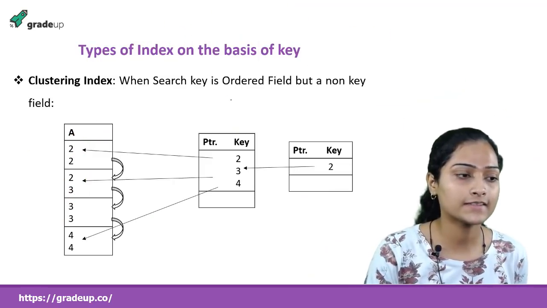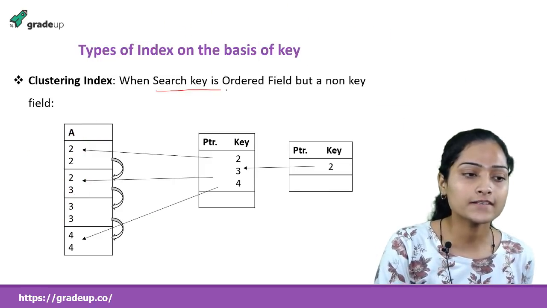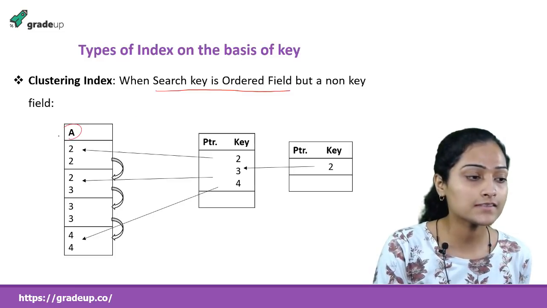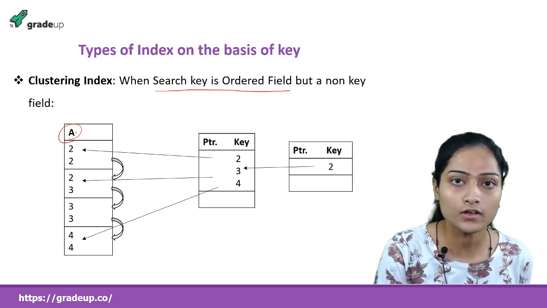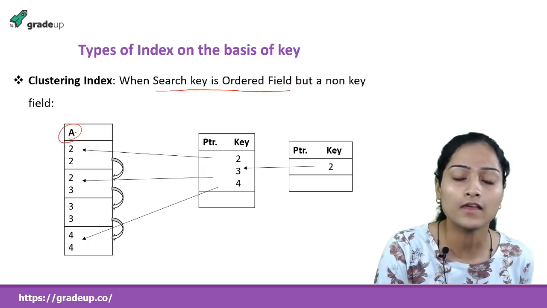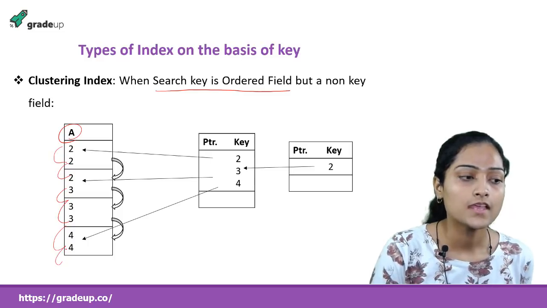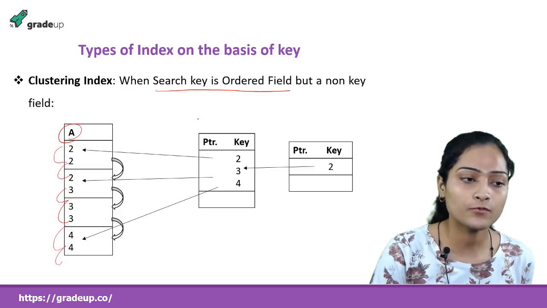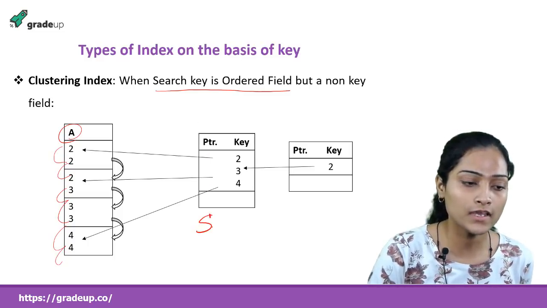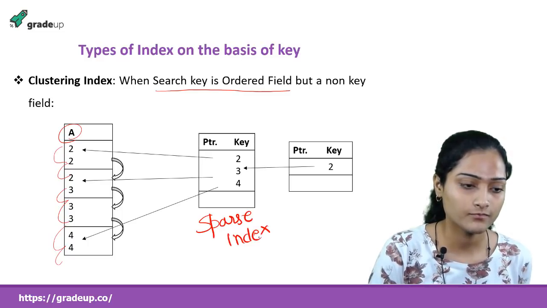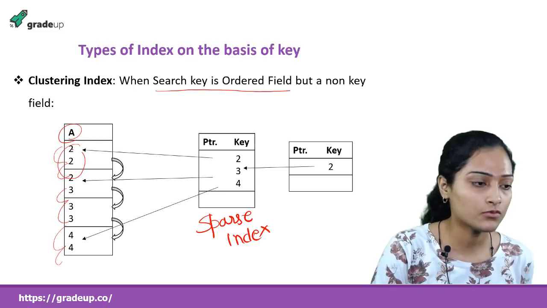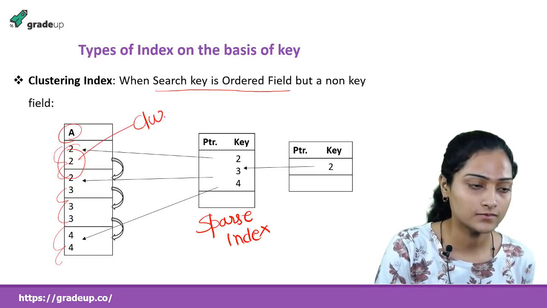The next type of index is the clustering index, where the search key is an ordered field, that is sorted data, but a non-key value. So you can clearly see here repetition of data is allowed. For this particular type of indexing, you can build only a sparse index. One key value is known as a cluster.